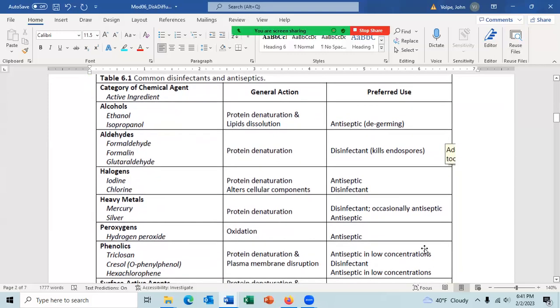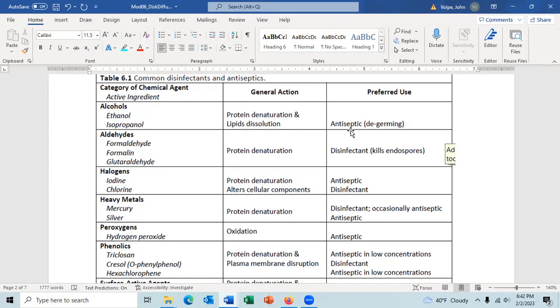This table is telling you the different categories of chemical agents, like ethanol and isopropanol, which are alcohols. Their general mode of action is protein denaturation and dissolving the lipids. Their preferred use is as an antiseptic, and they're really very weak antiseptics. So it'd be better to call them a degerming agent, because when we use them on our skin, for example, we just reduce the number of microbes in the area we degerm.